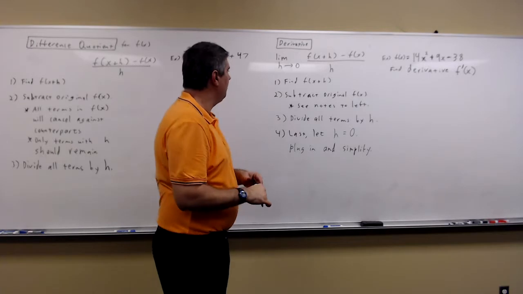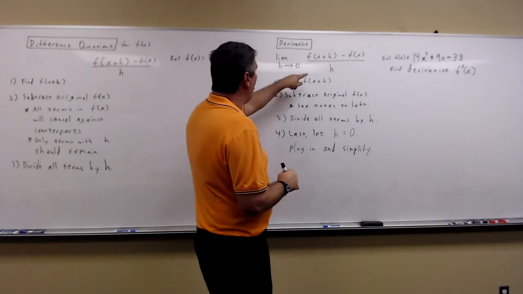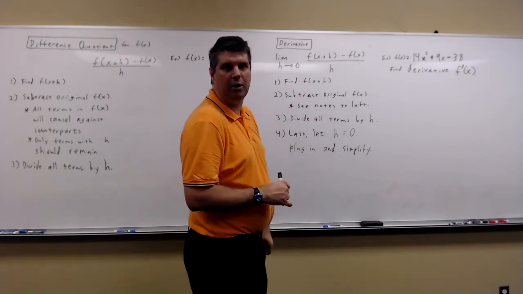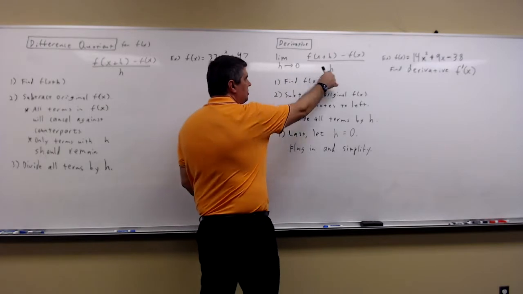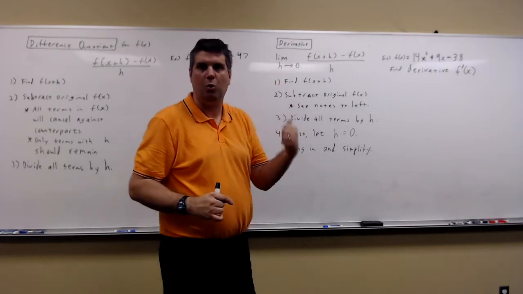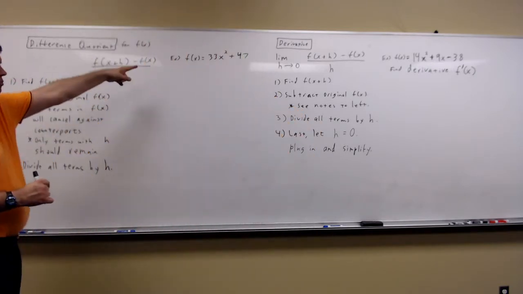But I'll start with this. It's basically saying where is this headed as h gets closer to 0. h can't reach 0, but it discusses what happens as h gets closer to 0. We'll do that. We'll have to start with this one.